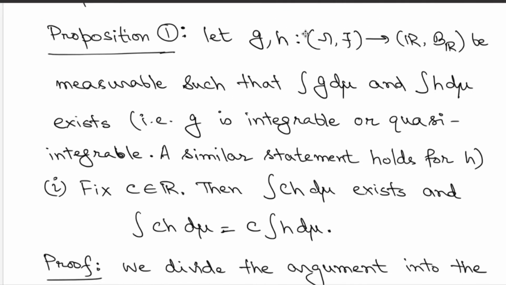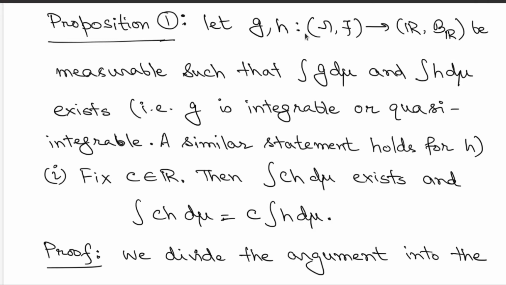We start with this proposition: you take two measurable functions g and h defined on this measurable space, and you assume that the integrals exist. What do I mean by that? If you consider the integration of g, there are two possible cases under which the integral exists. The first case is when g is integrable, in which case the integral value is a certain finite real number.